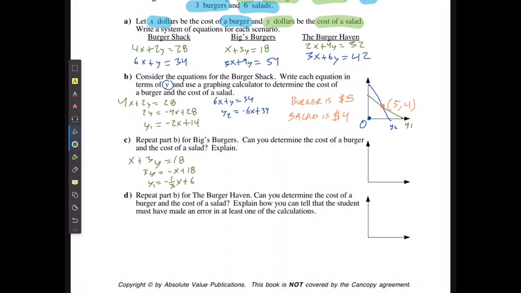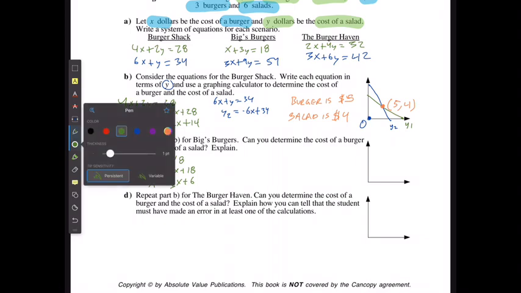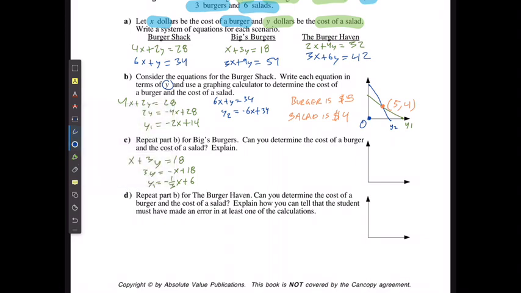And I can call that y1. For the second equation, if 3x plus 9y is equal to 54, then 9y is going to equal negative 3x plus 54. And when I divide everything by 9, y is going to equal negative 1/3 x plus 6. And I'm going to call that y2.